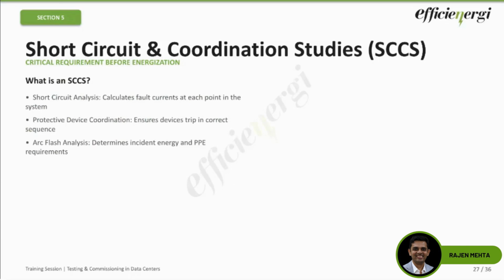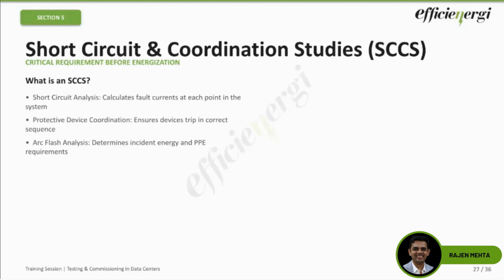It models the electrical system, calculates the fault current at every point in the electrical system, and determines if the equipment can withstand the fault or not. For example, if the fault current is 50 kA, the equipment must be rated for more than 50 kA. That's as simple as that. That's the short circuit analysis.